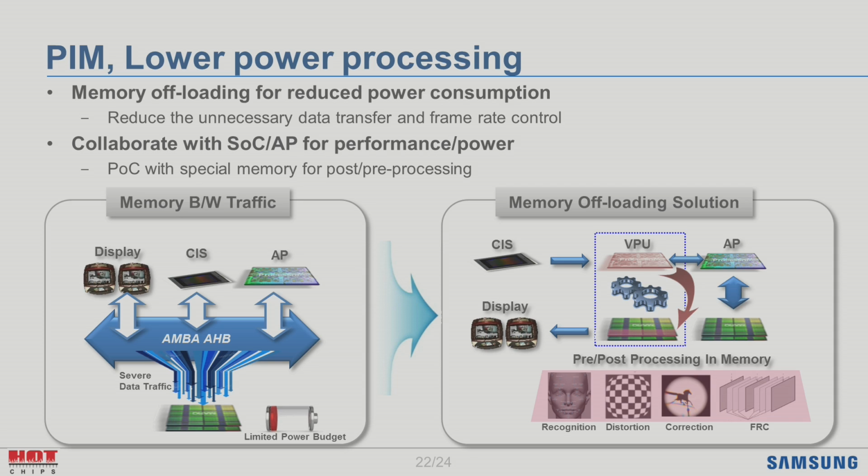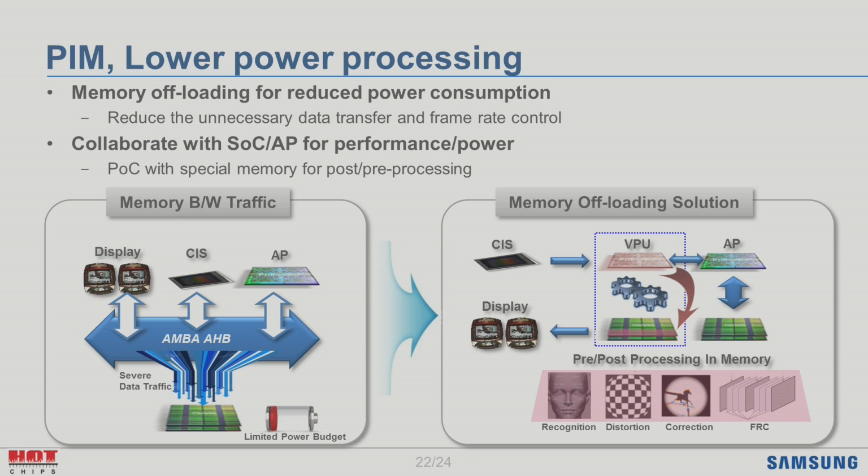In this case, each chip and function needs to use a common DRAM through the common memory bus. In order to cover this operation, extreme memory bandwidth is required. But unfortunately, with the limited power budget, we cannot even use the full bandwidth.